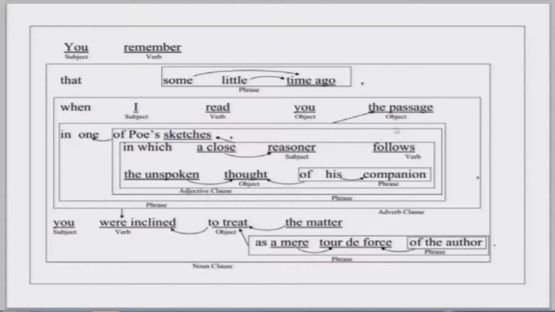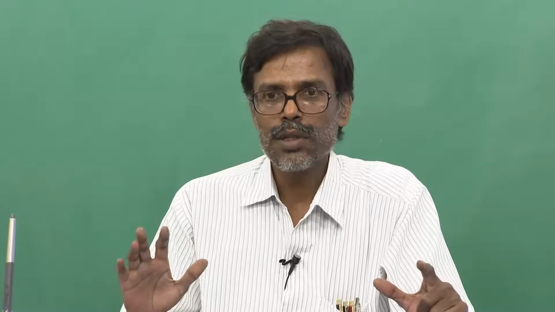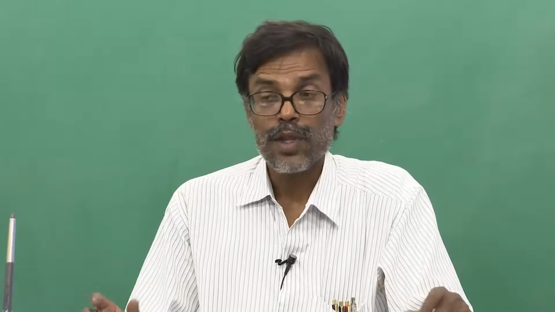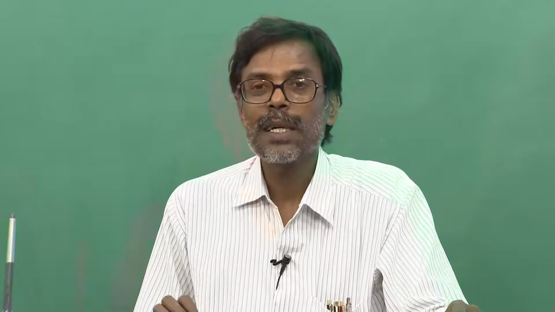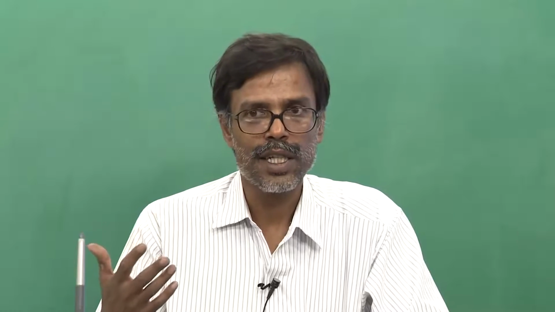So, this is a complete parsing or analysis of this sentence. So, while trying to understand a sentence, you typically need to break it like this. You need not necessarily write it down and break it with diagrams, but this is the mental process that is essential behind understanding a text.